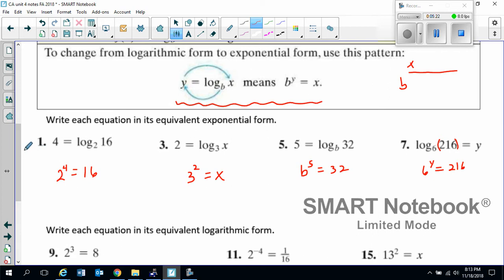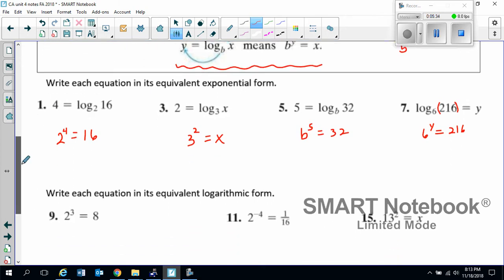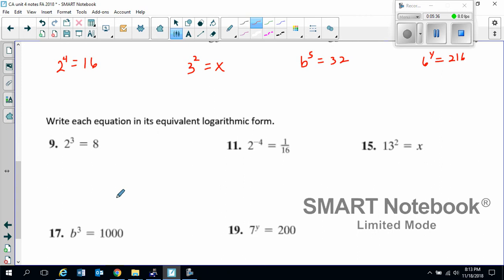Okay, so now what we're going to do is once again practice these two forms. We're going to take the exponential form and convert it back to a log form. All right, so I'm going to scroll down. Okay. So if you remember, your exponent is at the top, it's all alone. That's your loner. The other two pieces are going to go together.